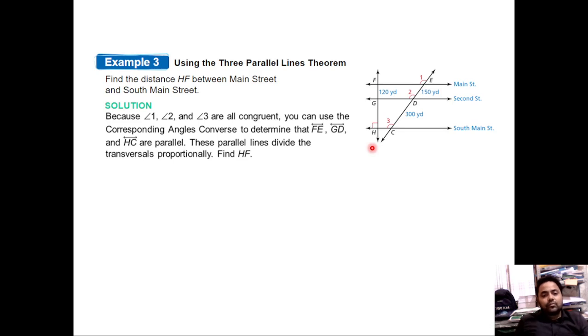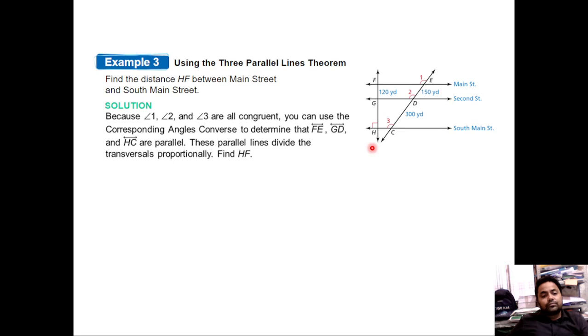The length between E and D is given, the length between D and C is given, the length between F and G is given, and we have to find the length HF. For finding HF, we have to calculate the length HG.